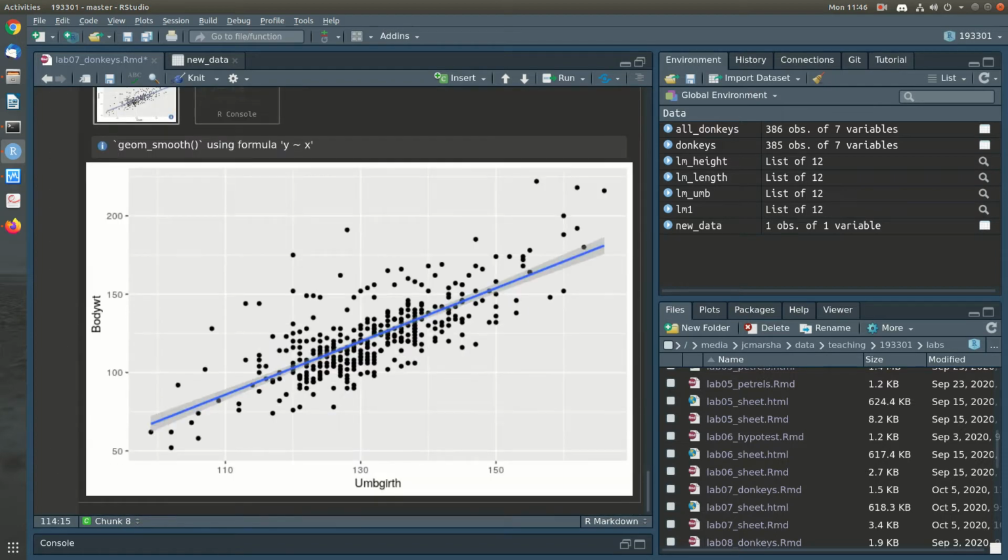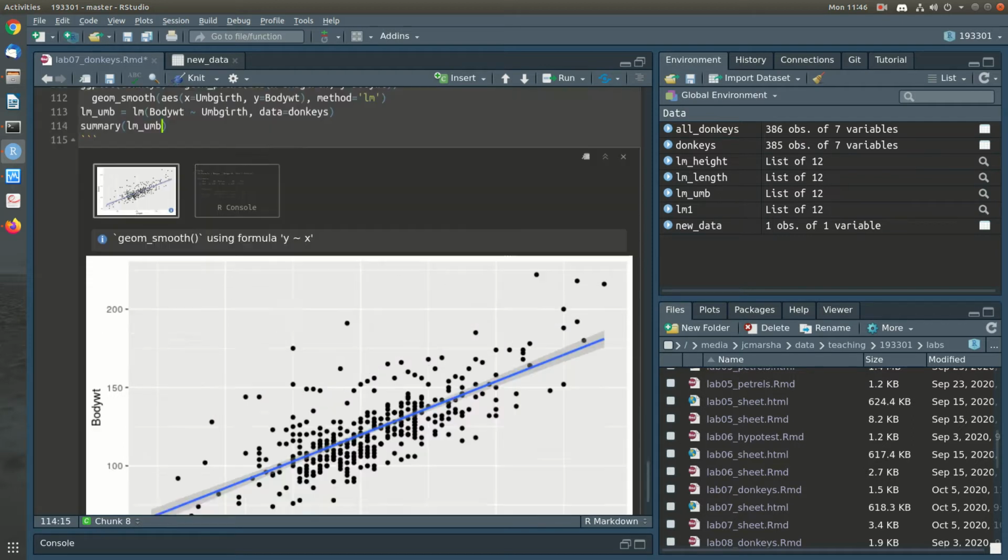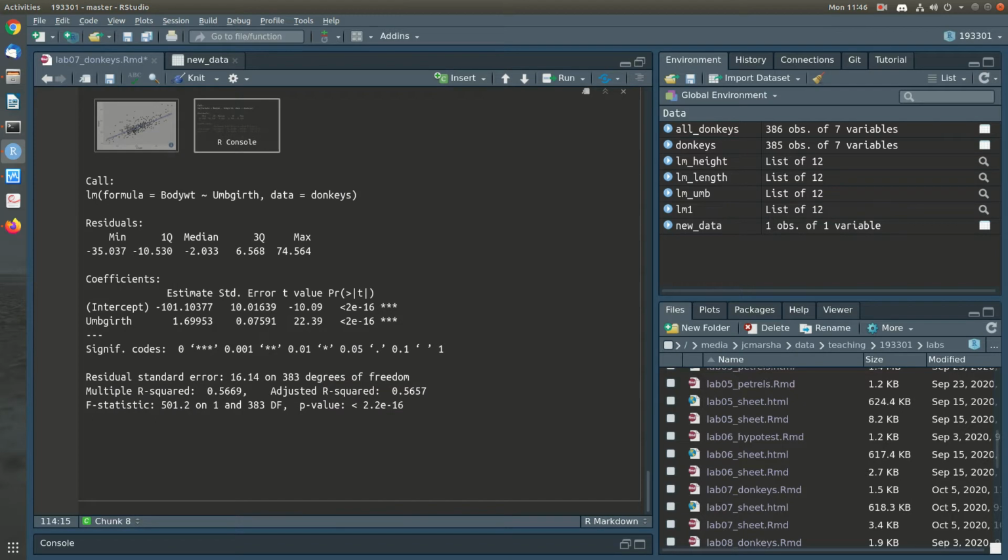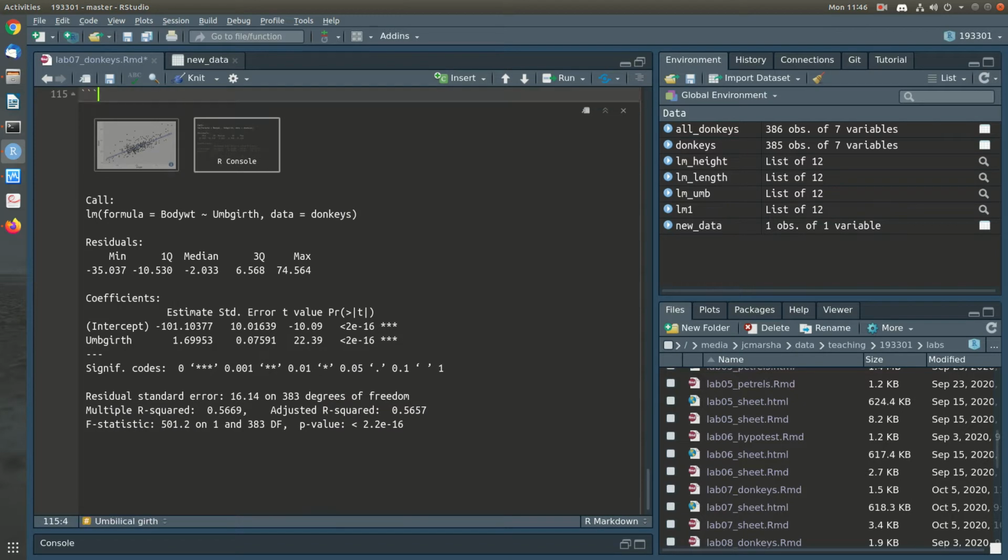Okay, so again, there's lots of scatter around here. And you can see that actually maybe the straight line trend isn't working here quite so well because there's more scatter above the line than below it. Okay, so that suggests that the model fit through here is pretty bad for these ones up here. Okay, we only explain 57% of the variation.